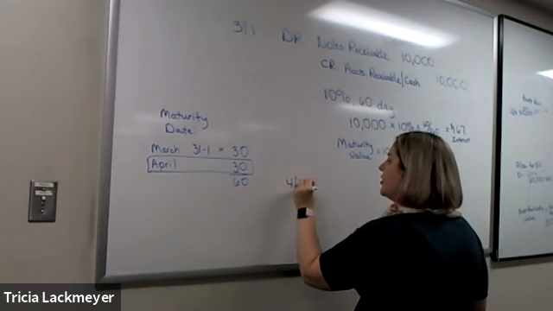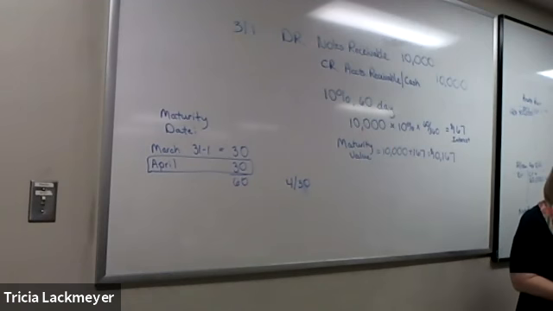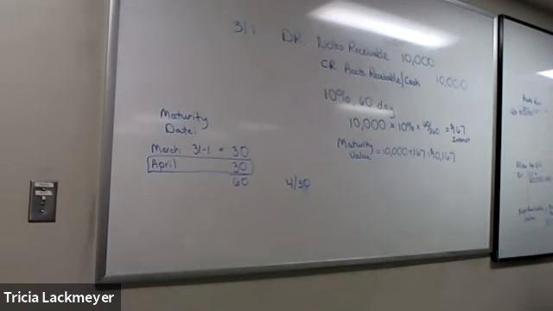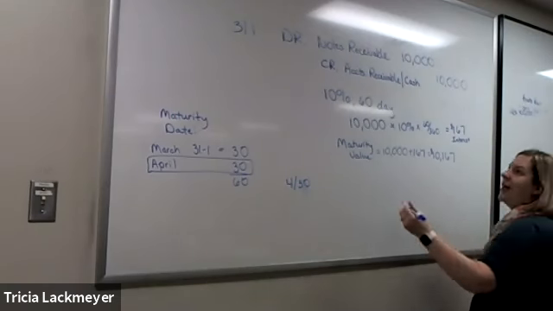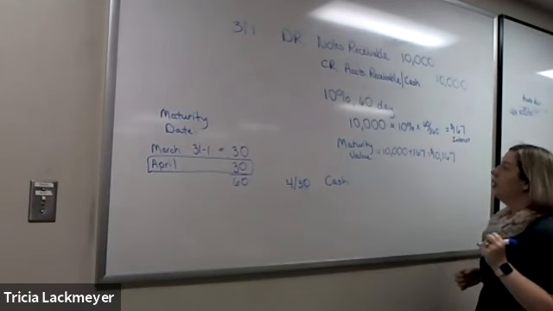So when this matures on April 30th, they're paying me the full face value plus interest. What do I debit and credit when they pay me that note? What do I debit? Cash. Cash, very good. And for how much? The maturity value. Exactly.